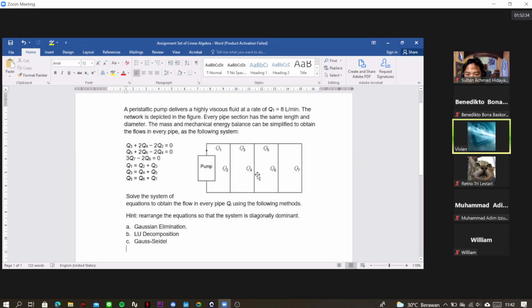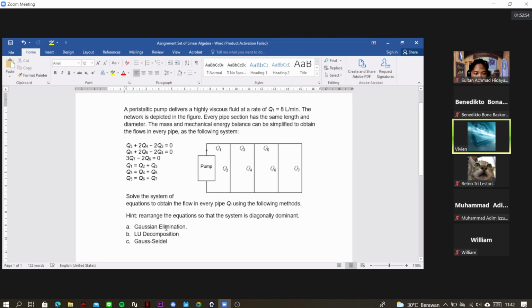This means that we have 6 equations for 6 unknowns, Q2 up to Q7. Now, we want to use 3 methods: Gaussian elimination, LU decomposition, and Gauss-Seidel, so that we will compare the results.